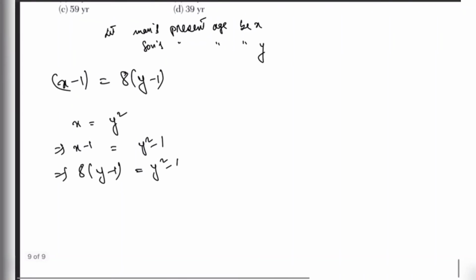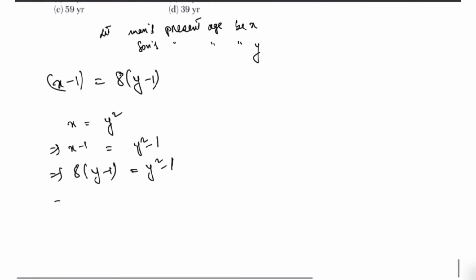So x equal to y square means what? x minus 1 equal to y square minus 1. You have x minus 1 equal to 8y minus 1, so use this substitution, 8y minus 1 equal to y square minus 1. This means that y square minus 8y plus 8 minus 1 equals 0.